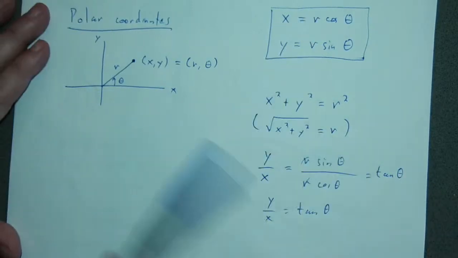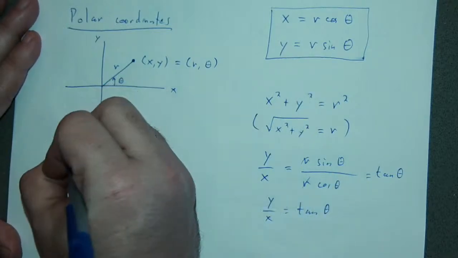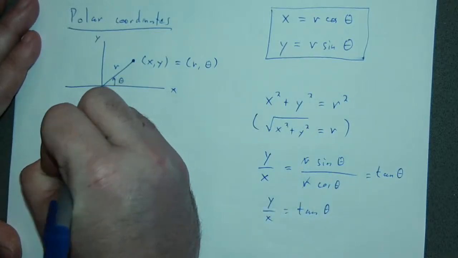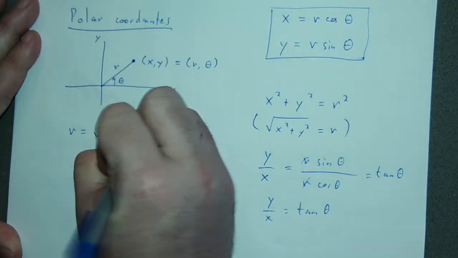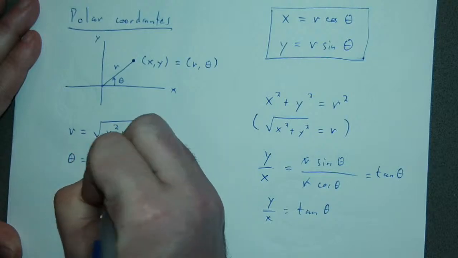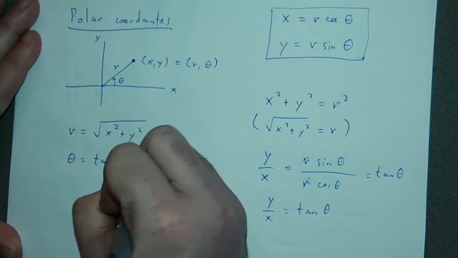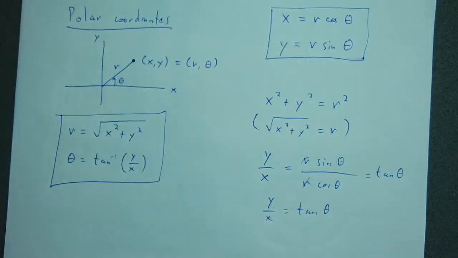So the two relationships going the other direction are r equals the square root of x squared plus y squared, and theta equals arctan of y over x.